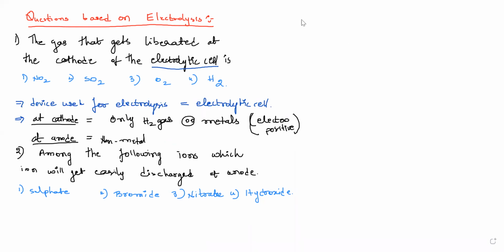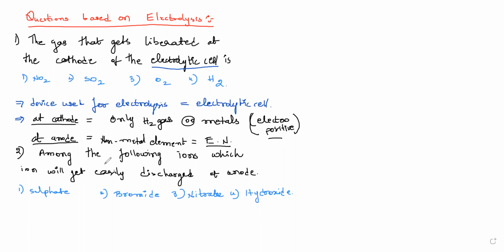Non-metal elements are electronegative. So electronegative elements are liberated at the anode, and electropositive elements are liberated at the cathode. This is the information.